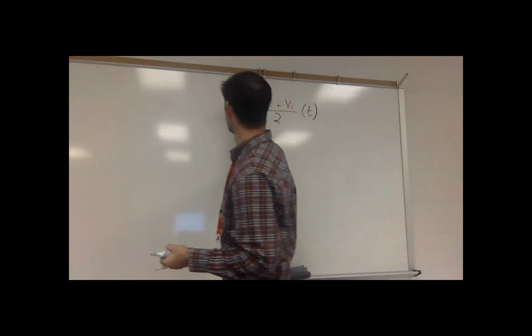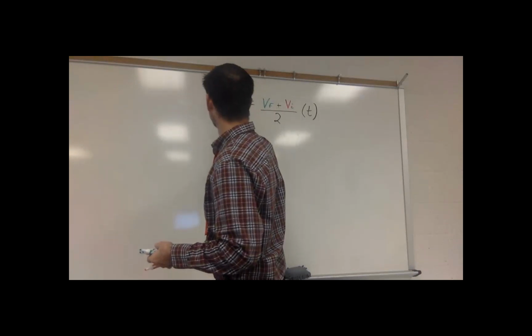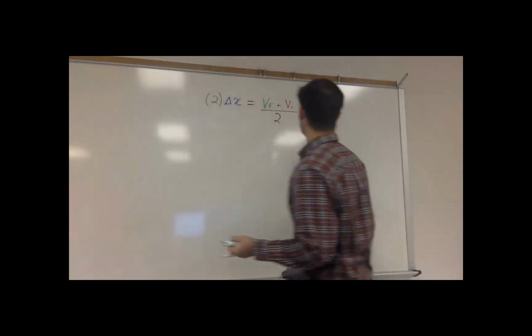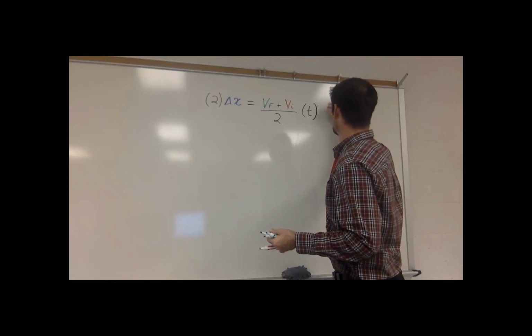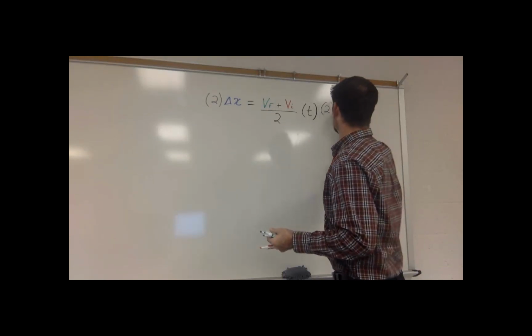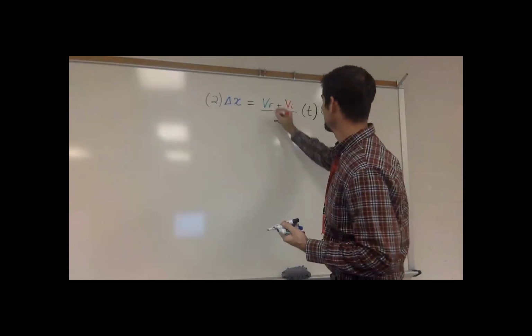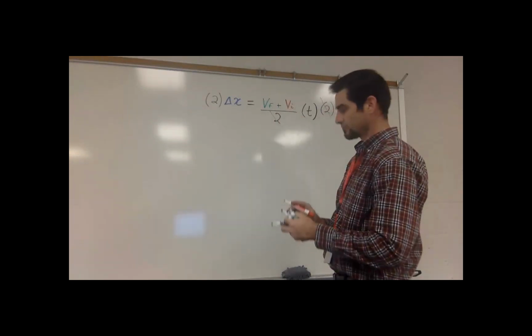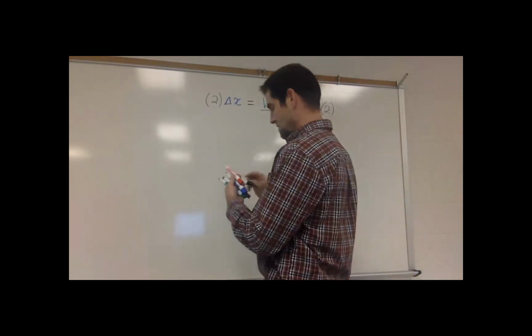So let's multiply both sides times 2. We'll cancel it out here. So let's just rewrite it.